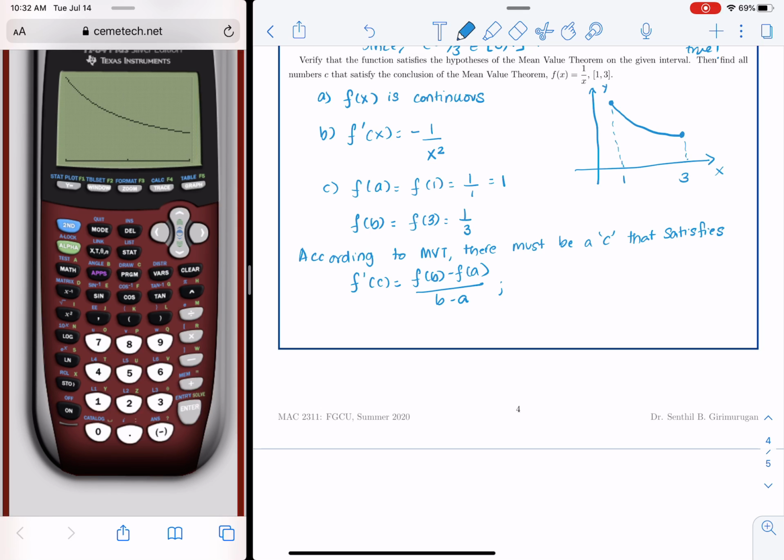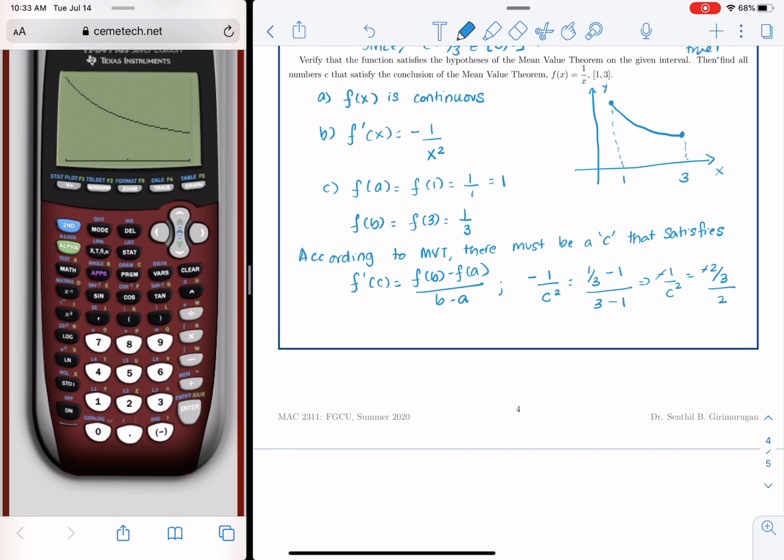So f prime of c is minus 1 over c squared. F of b is 1 over 3. F of a is 1. B is 3. A is 1. So we have negative 1 over c squared equals negative 2 over 3 divided by 2.